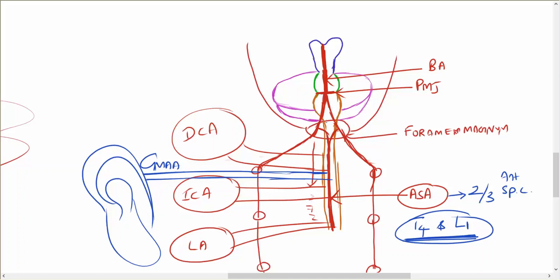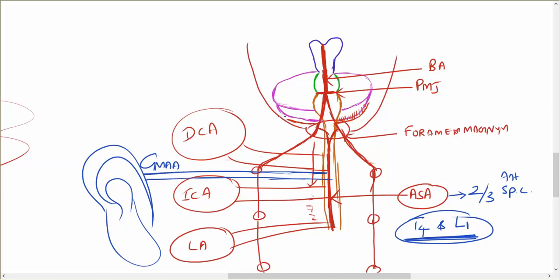Okay, and the inferior lobe, that is the posterior part of the inferior cerebellum, receives blood supply from the vertebral artery. Carefully see this, from the vertebral artery, and that is called posterior inferior, easy to name it.